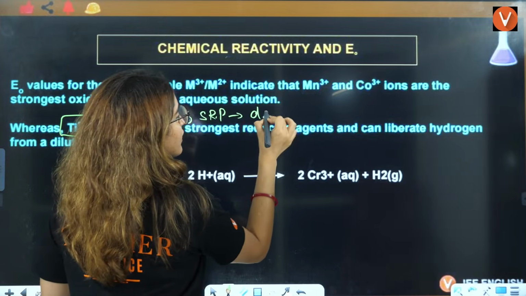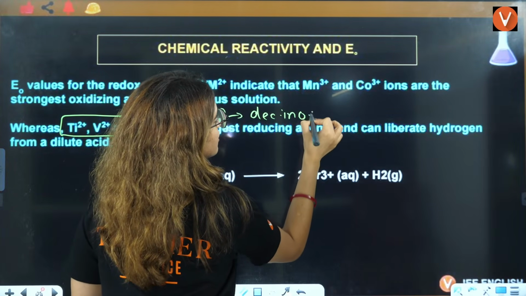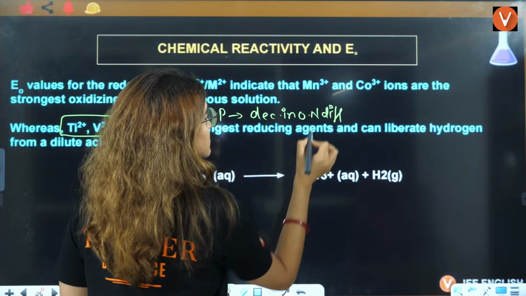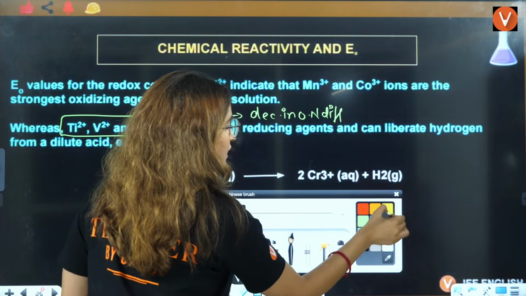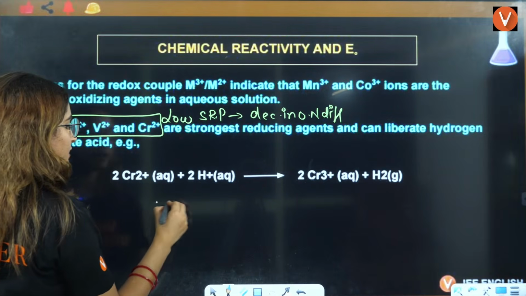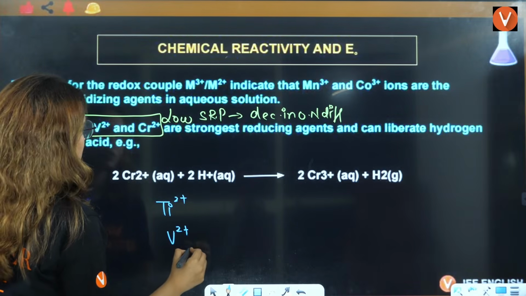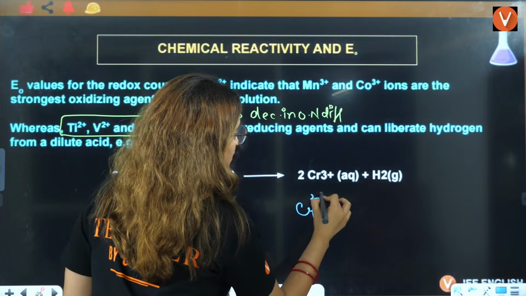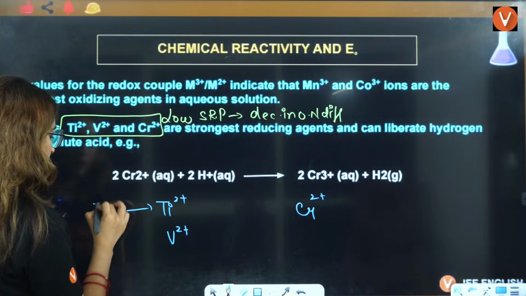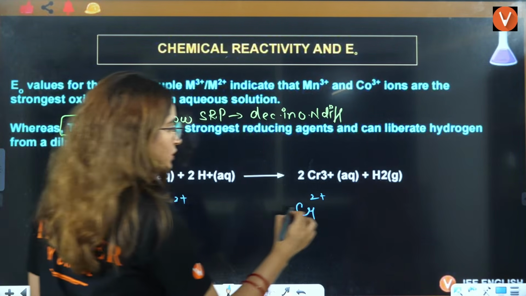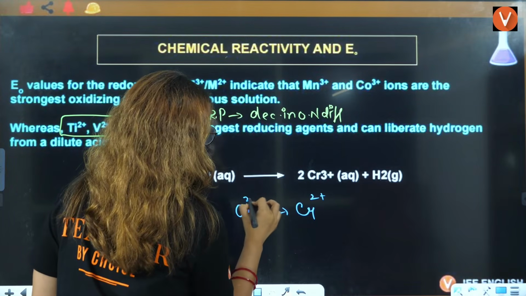That means decrease in oxidation number is difficult, right? So can I write it as Ti2+, V2+, Cr2+, from Ti3+ to this, V3+ to this, Cr3+ to this?